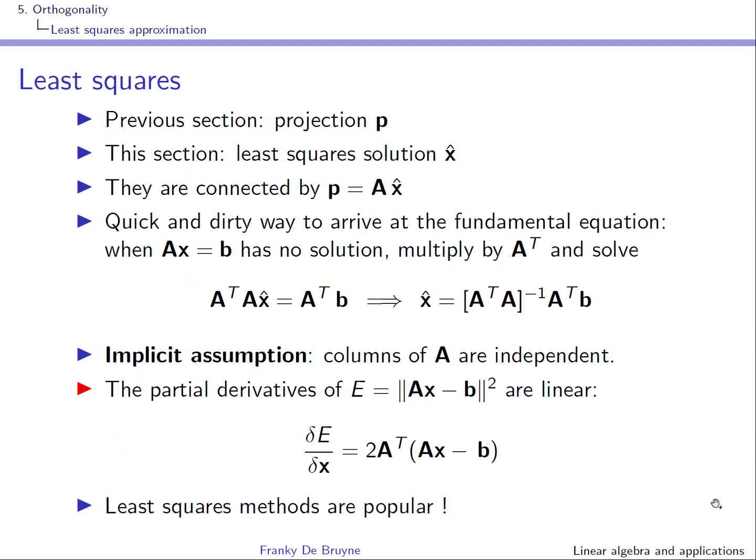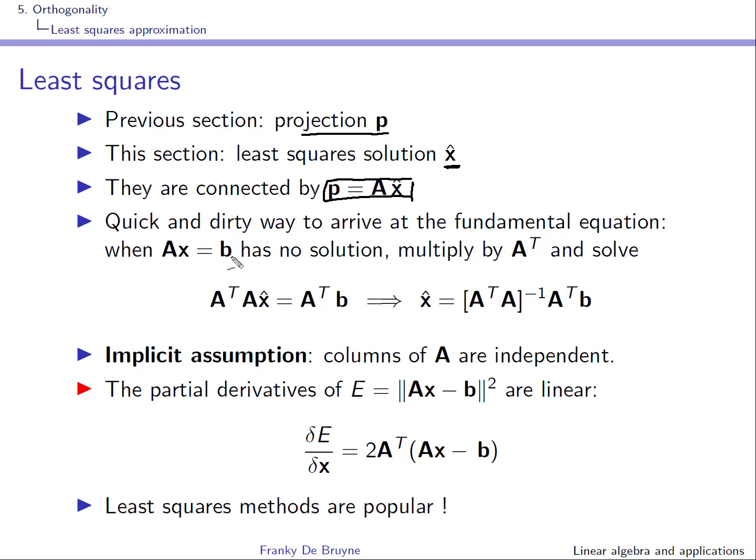In the previous section on projections, we had put the focus on the projection itself. But in this subsection, we are interested in the least squares solution, x hat over here, and of course they are connected by this equation. So how can we arrive easily at x hat? You can use this quick and dirty way.